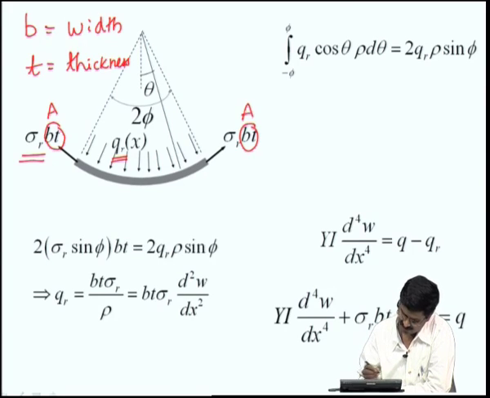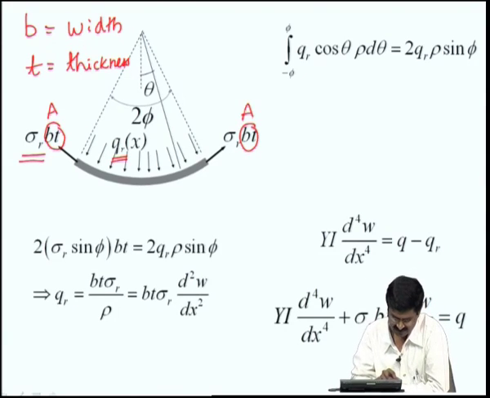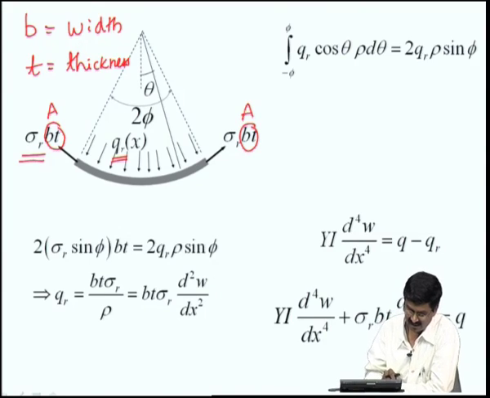Let us say the residual stress right now is uniform throughout the beam, then we have this sigma r times A on the left side and right side, but they will be in the tangential direction, because this is bent because of the residual stress. We are assuming that residual stress will cause it to bend, and we want to find the equivalent loading that causes the bending, that is QR.